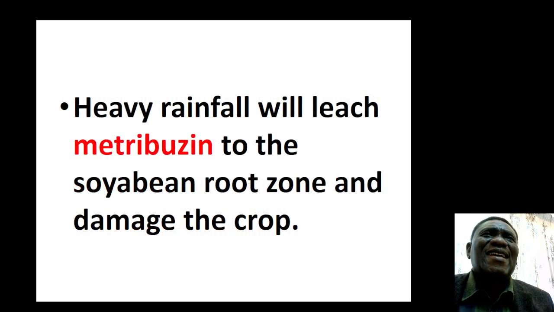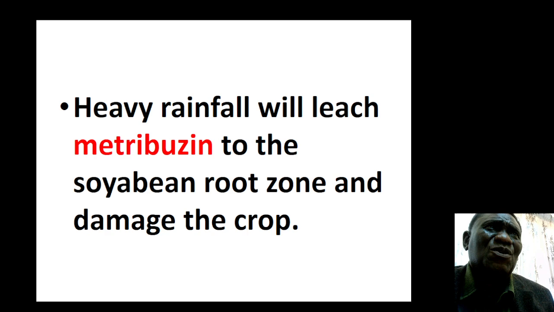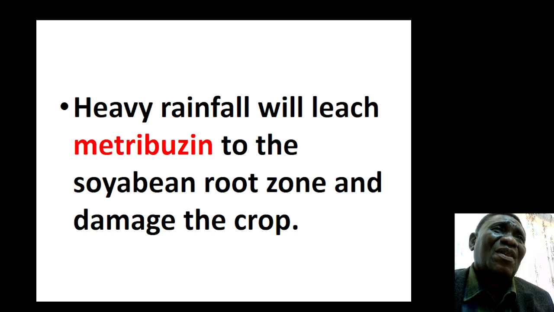I must say that sometimes we get heavy rainfall. This has happened with metribuzin, where leaching sometimes follows heavy rainfall, and it will reach the soybean root zone, and unfortunately the soybean may get killed or damaged. So these things have actually occurred.